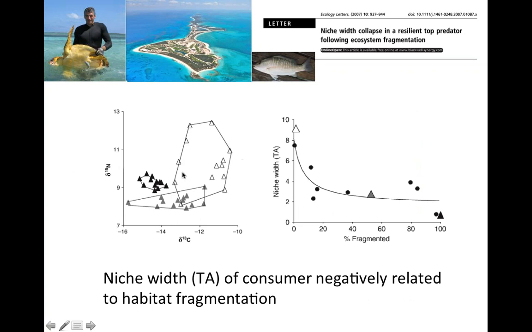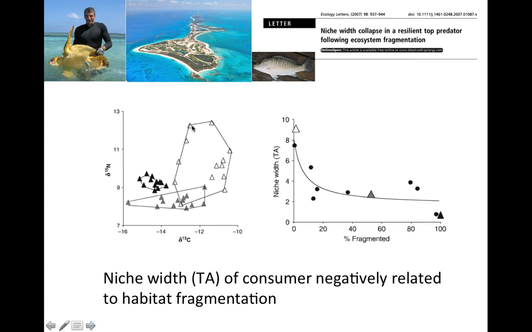So we've got a completely non-fragmented system in white triangles, a partially fragmented system in the gray triangles, and a fully fragmented system in the black triangles. And this is just for the consumer, just for the fish.